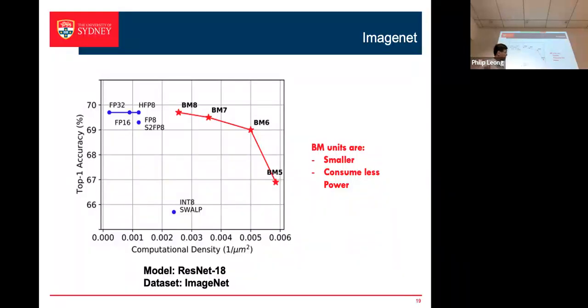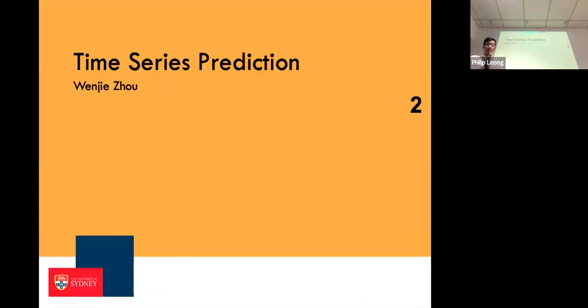And this is the computational density, which is basically the area that you require to implement it. And in all cases, we actually got better density than the other ones for the same accuracy. So that was the number system.